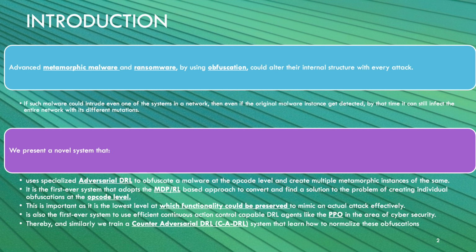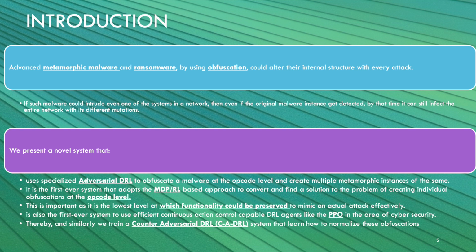This is important because the file functionality is preserved only at this level and any of the higher levels, not anything below that. Whereas most existing systems try to do it at a binary level, which may not preserve the file functionality and hence cannot create a malware.